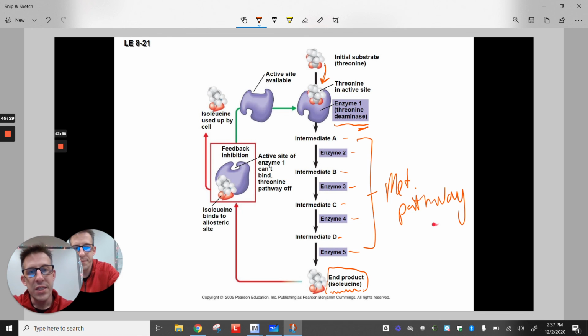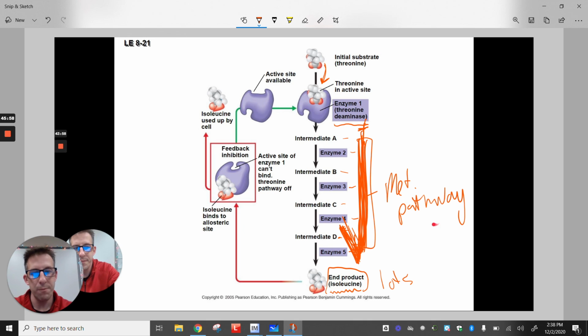Now if this continues to happen over and over again, we're going to get a lot of product. If this pathway stays on, we're going to get lots of isoleucine. If we keep this thing on, it's just going to keep making it over and over again. And that's okay, because our body, for whatever reason, needs isoleucine, so it wants to continue to make it.